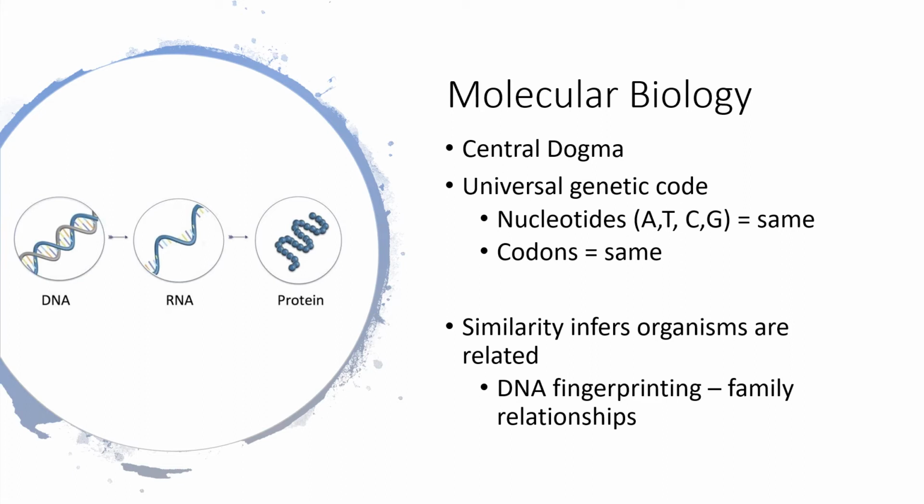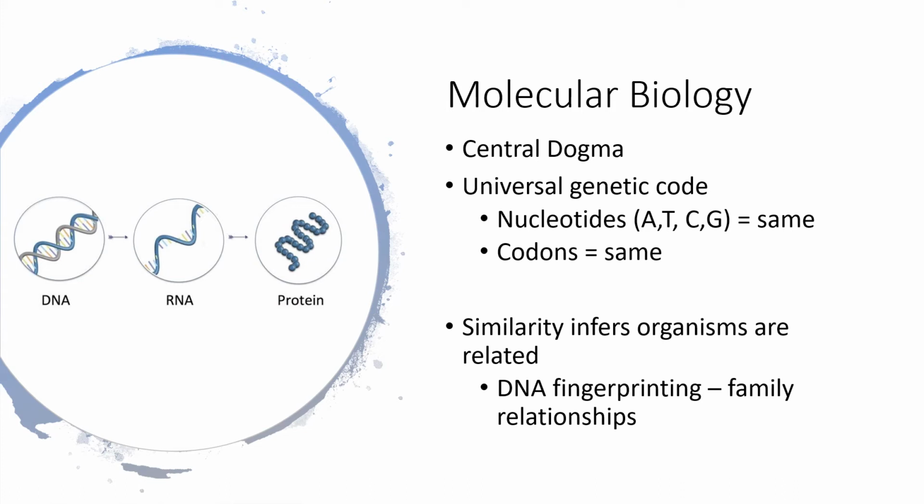Okay? Now, I want you to think about that big picture. In a previous unit, we talked about biotechnology, and we talked about DNA fingerprinting, where you could compare DNA from individuals and see how closely related they are. The more similar their DNA, the more closely related they are. Think about that on a species scale. The more similar the DNA, the more closely related the species are.